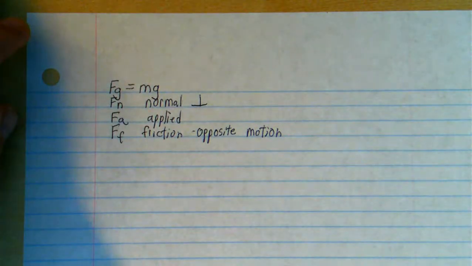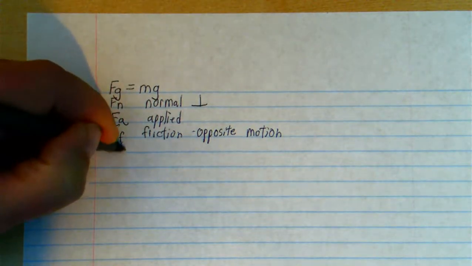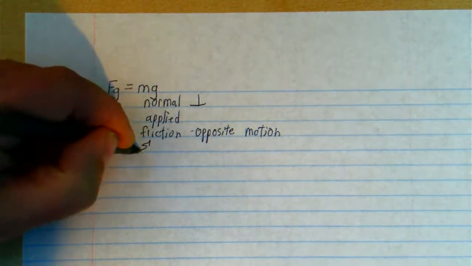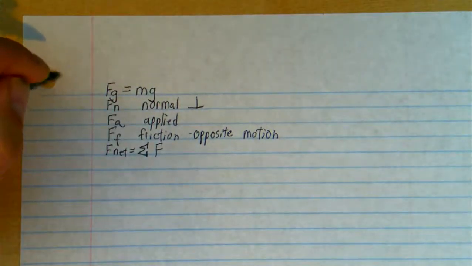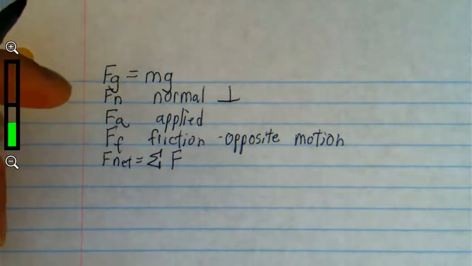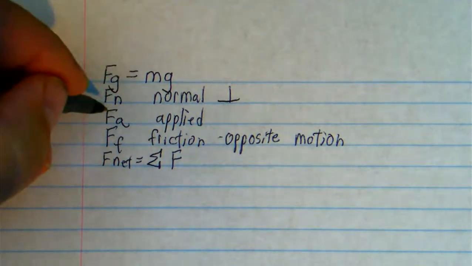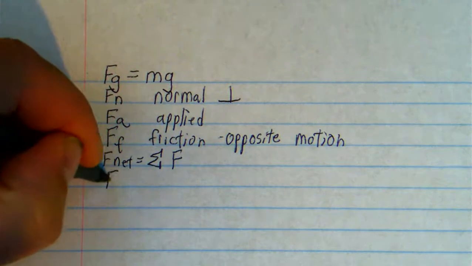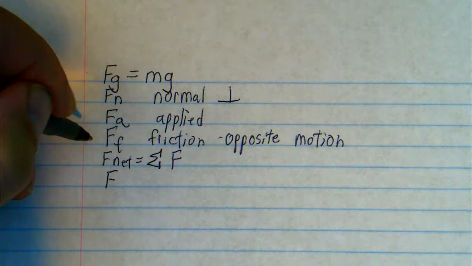Now, and of course we've had the net force, that's always going to be the sum of all the forces in our physics problem. And now I'm introducing you to the electrical force. Now, how should I write that one? Sometimes they do it with E for electrical.